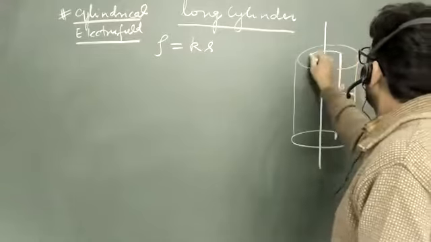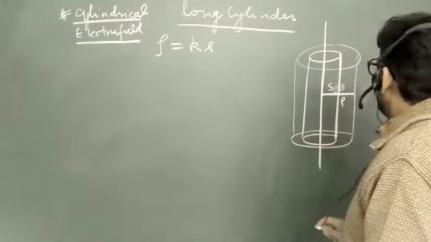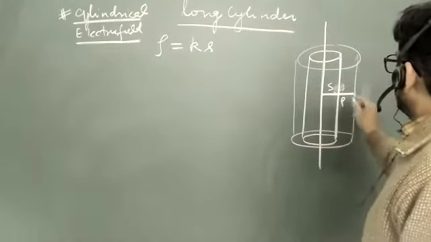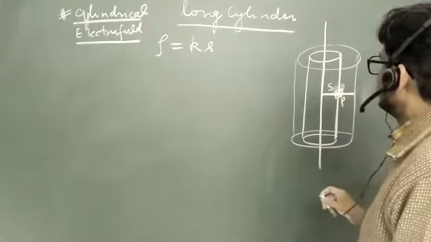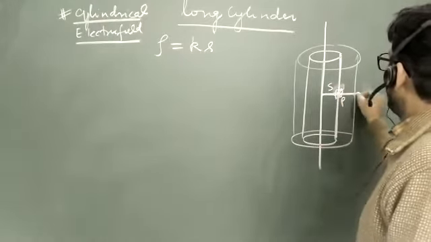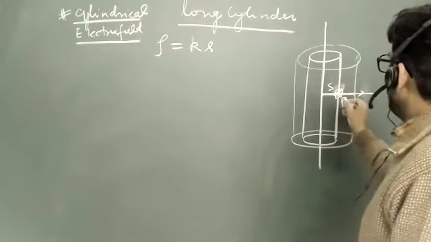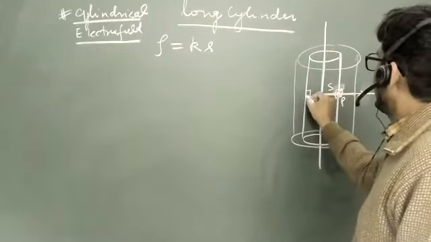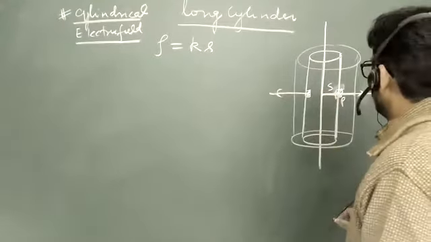So can I draw the Gaussian surface? Let us check. Suppose I take a patch here, so electric field will be in this direction. And if I take a patch somewhere here, electric field will be in this direction.